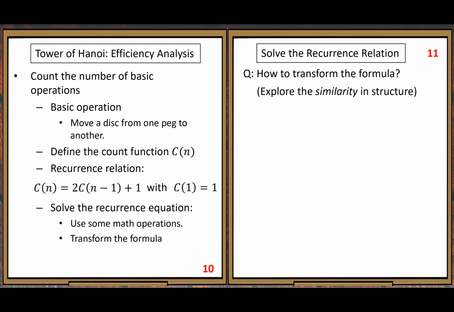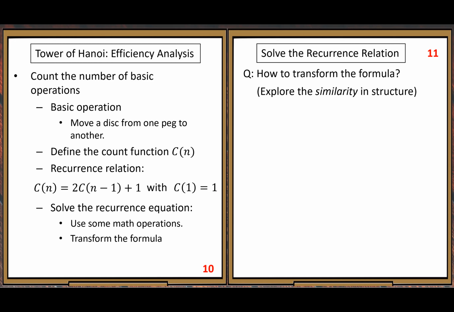Explore similarity. Left-hand side, C of n function; right-hand side, C of n minus 1 function. Now look at the structure: the right-hand side has a plus 1, the left-hand side has no plus 1. If you compare the structure, left-hand side and right-hand side are different.